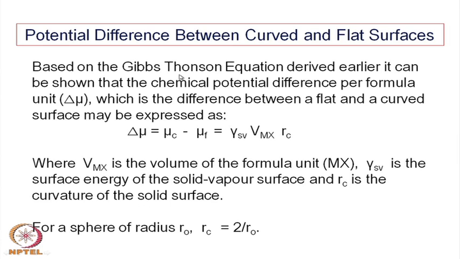So, from that Gibbs Thompson equation, we find out that there is a difference in chemical potential between these two surfaces. So, this is the relationship between the radius of curvature and the radius of the sphere.